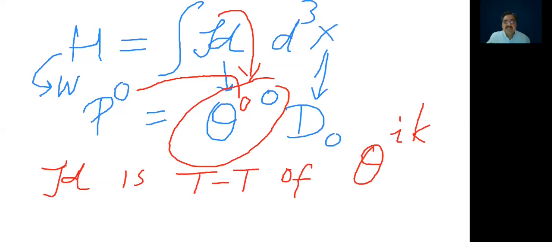And we have just seen that the Hamiltonian density or the energy density is the time component of a bigger tensor of rank 2, that is theta ik, right? This theta ik is very important, and we will soon be calling it the canonical stress tensor. So in our next slide, we will talk about this theta ik, right?